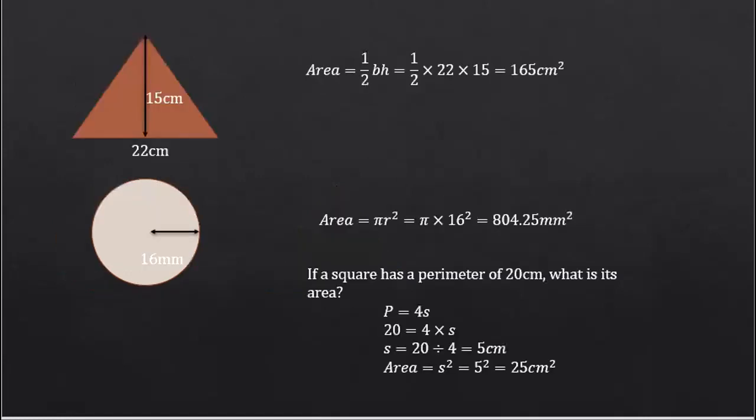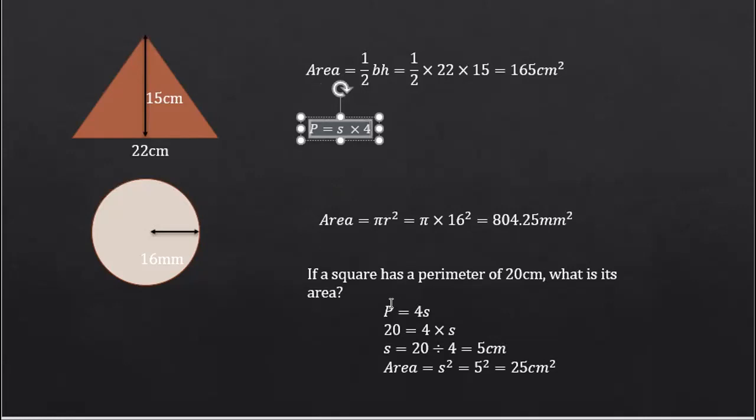The first thing we are going to do is find out what the side of the square is. Perimeter is equal to side multiplied by 4. In order to find the area of the square, we need to find the side.